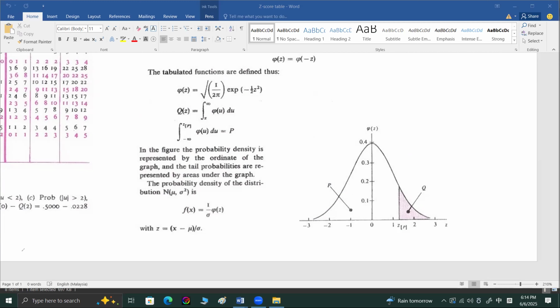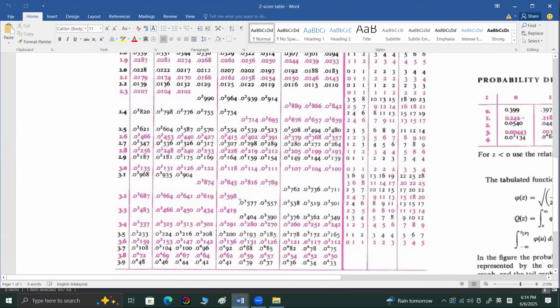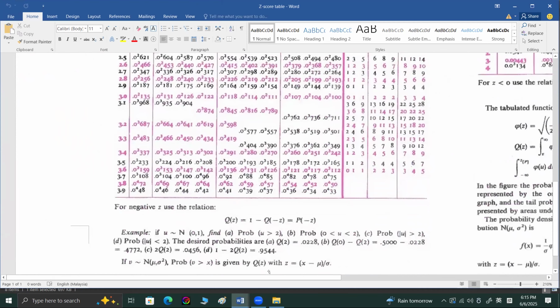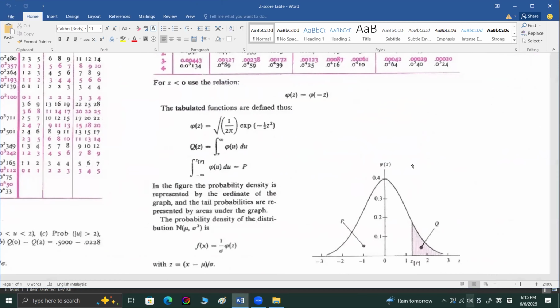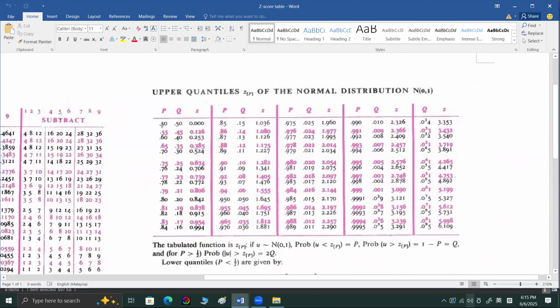That's why you see the table given. This one means half of it. The whole bell, the area is 1. The area is 1 for the bell. That's why you see the probability in this table given from 0 until 0.5. Later I'll show you how, one at a time.